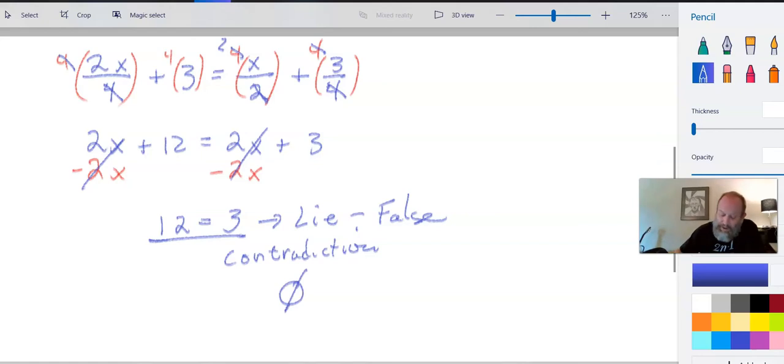Because what that means is no matter what I plug in for x, it cancels out while I'm computing it. It completely cancels out, and I end up with 12 equals 3, which is an absolute lie. And so what that means is nothing you plug into this will work. This statement has no way of making itself true. And that's really the idea here.